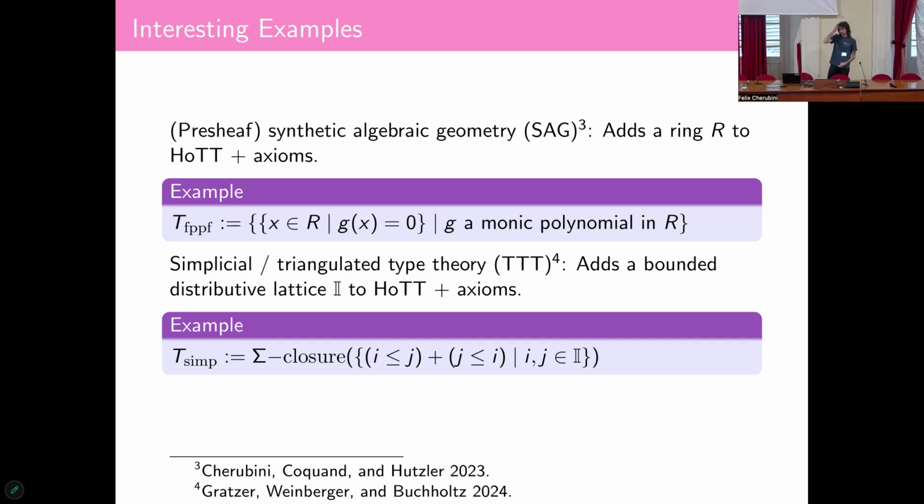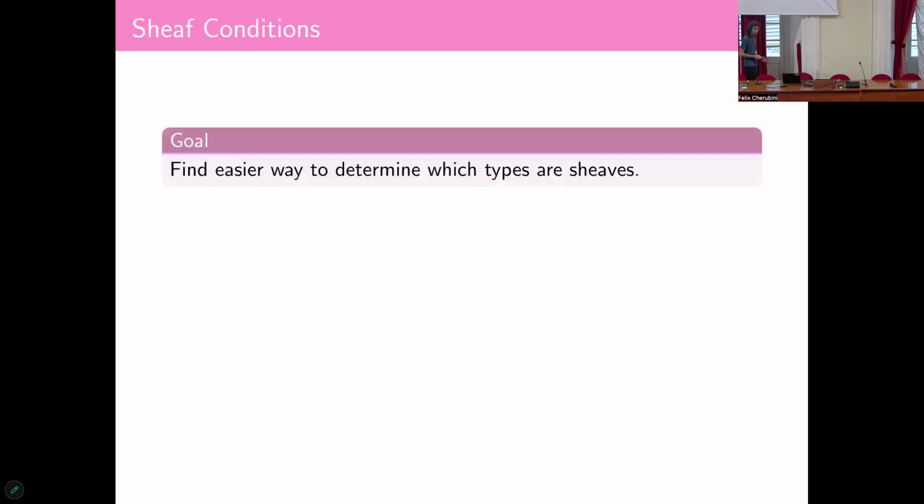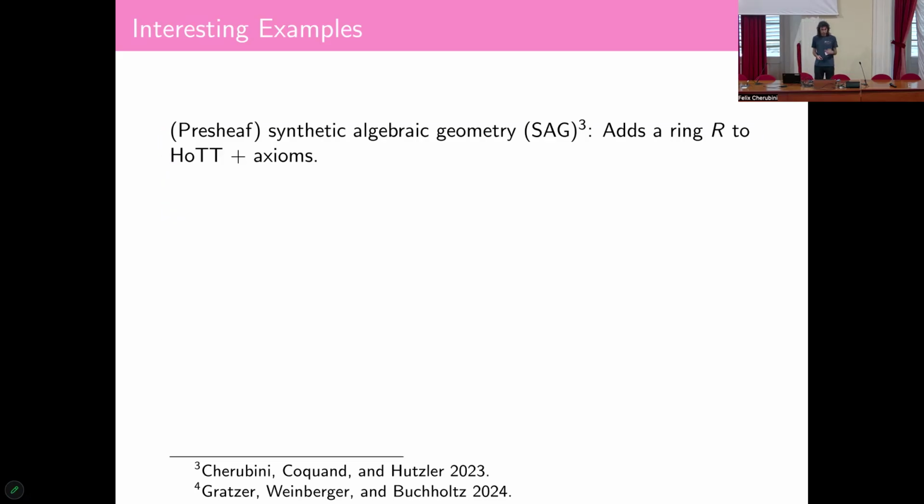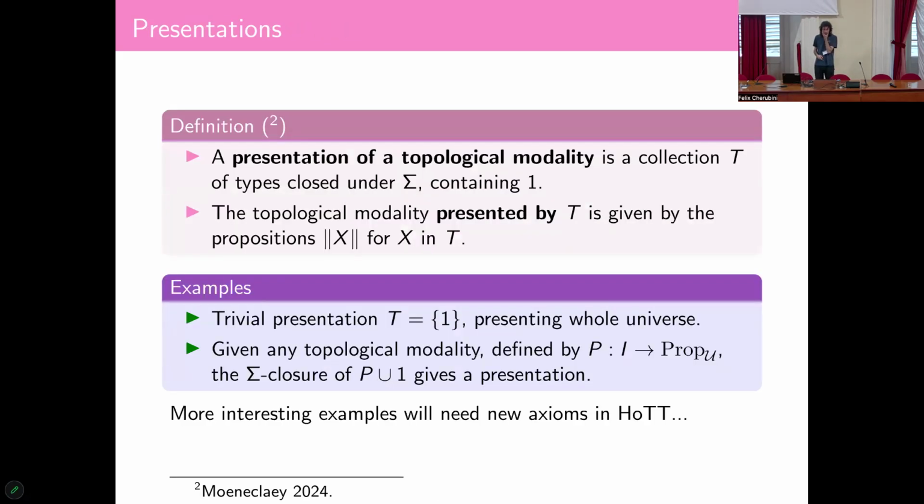So you have these two different definitions of sheaves. One was for a family of propositions, and the other one was to make certain types inhabited. Yes. And then you said to translate, you take something like one plus P, or something like that. Can you say that again? Yeah. The point is that, given a family of propositions, if you treat that as a presentation, asking that all of the propositions are inhabited is the same thing as asking that all the propositions are true.